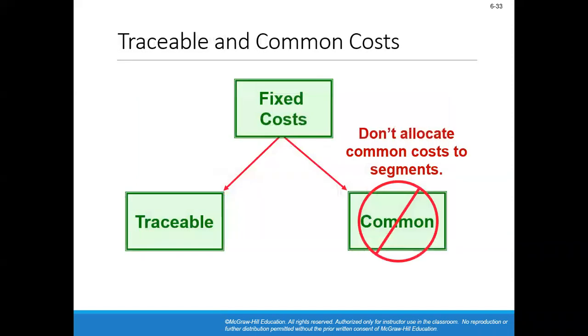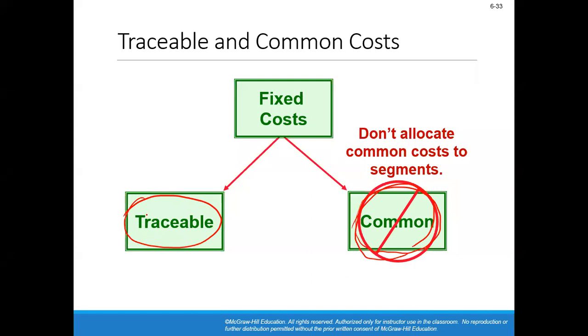One caveat is that sometimes managers have a tendency to allocate the common cost to a particular segment. From the nature of the common fixed cost, we have understood that it cannot be allocated to the segment. For the financial analysis of a segment, only the traceable cost can be allocated to the segments.